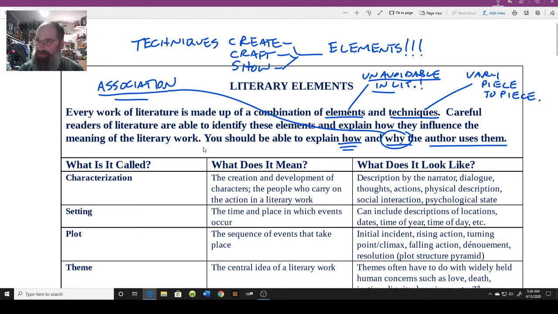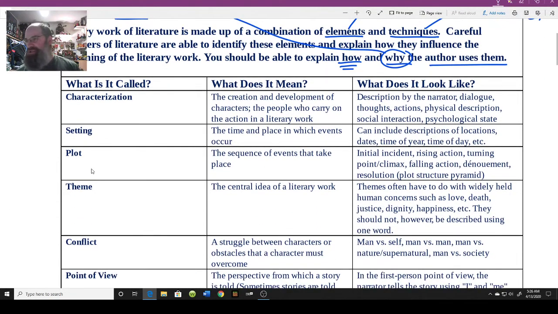All right, so we're going to go through this list, and we're going to identify which ones are elements and which ones are techniques. All right, so characterization. You can't have a story without characters. That is an element. The creation and development of characters.